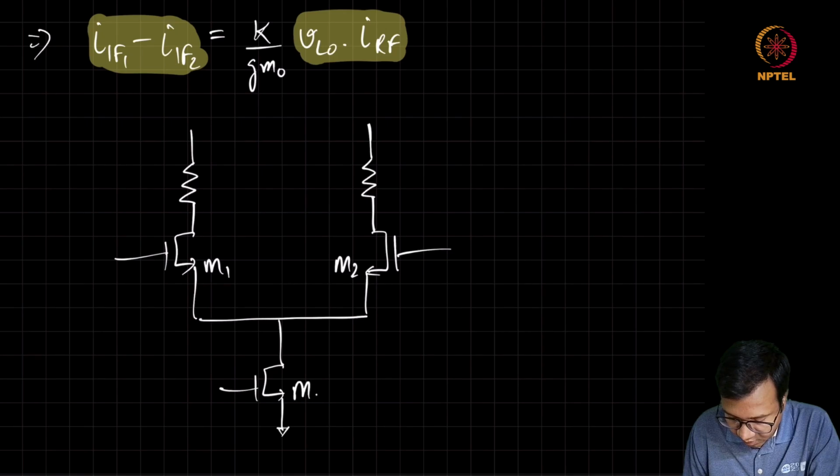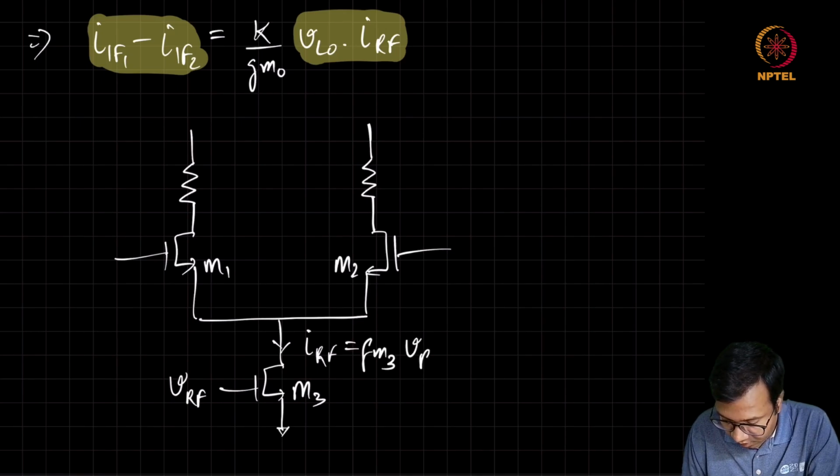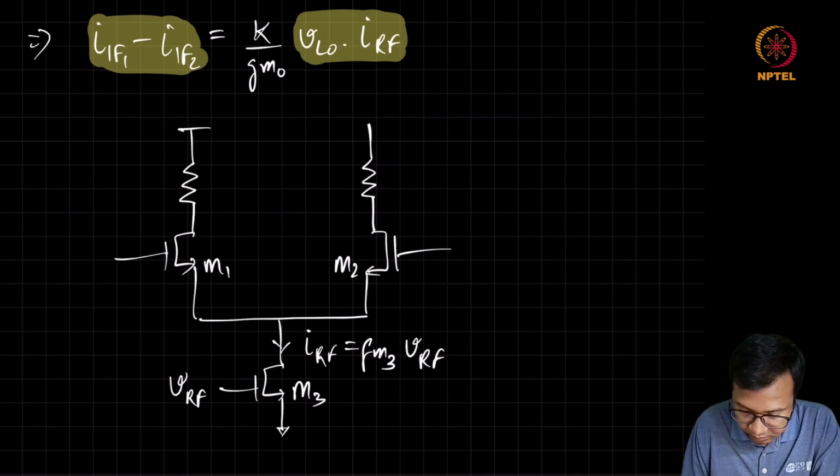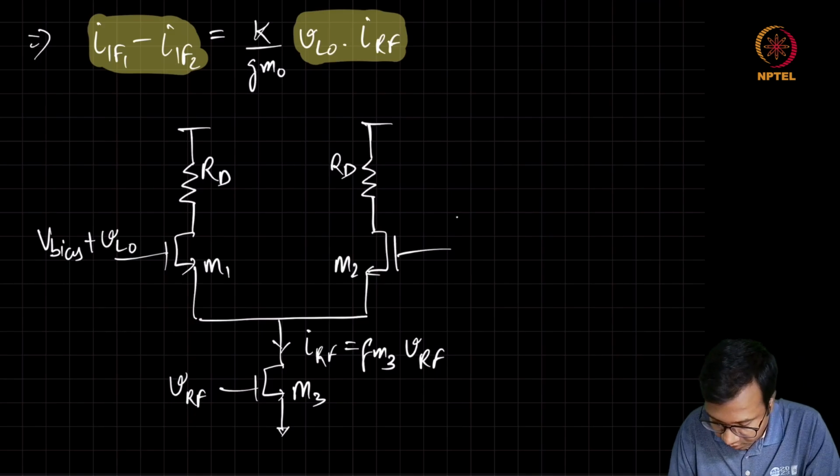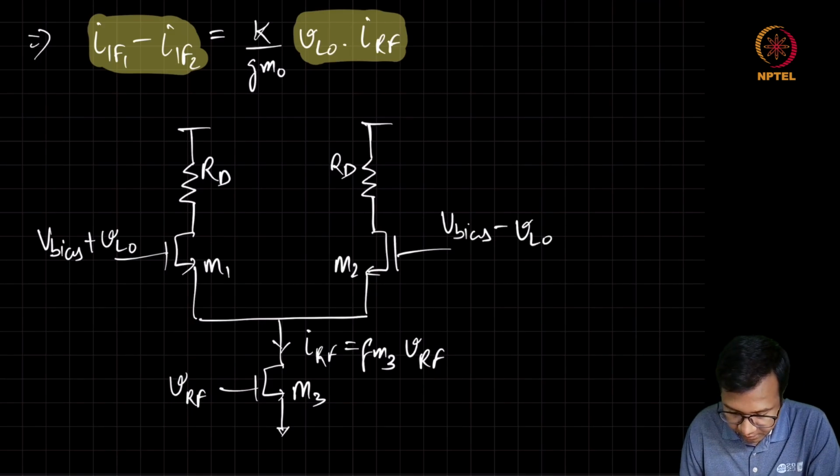This M3 takes VRF and gets IRF, which is GM3 into VRF. V by S plus VLO by S minus VLO.